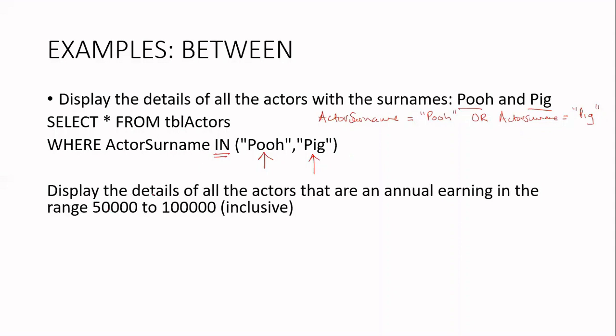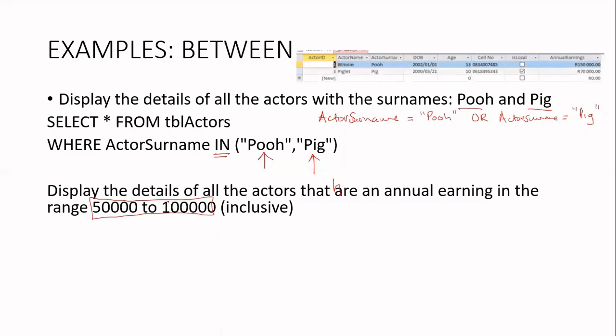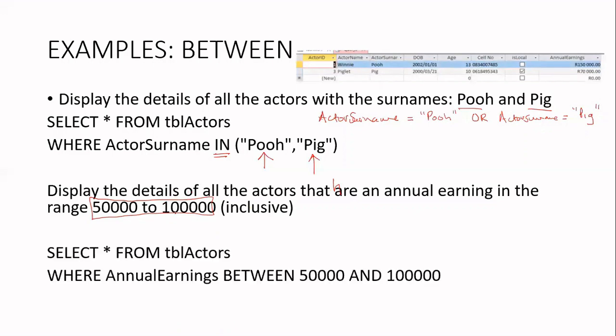In the next example, display the details of all the actors that have an annual earning in the range 50,000 to 100,000. So this is a range. This is where we can make use of between, and we select star from TBL actors where the annual earnings, which is what we want to check, between, and we specify the range between 50,000 and 100,000.